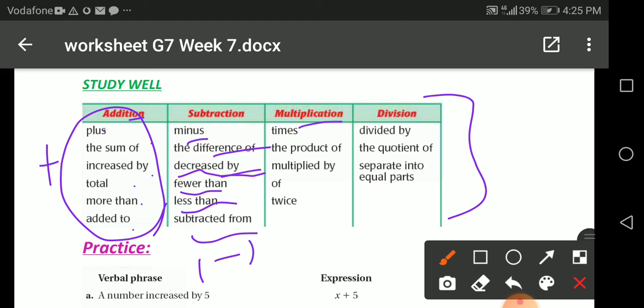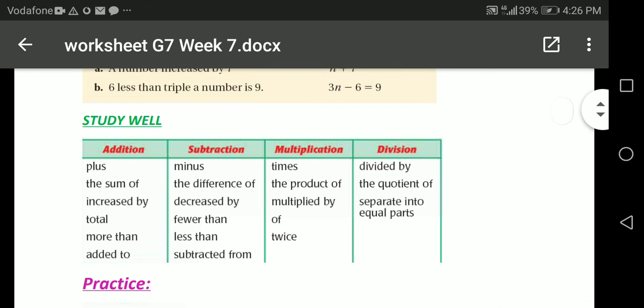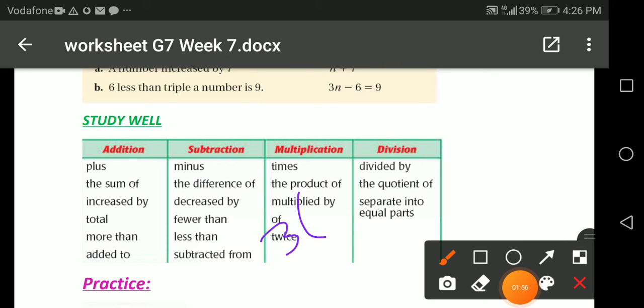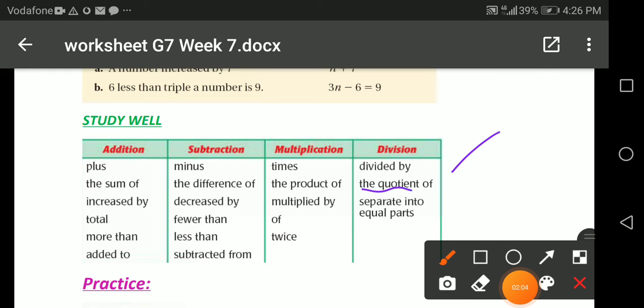Multiplication, of course: times, the product of, multiplied by, of, twice. And remember also the brackets, for example 3 and here a bracket 4. So this is multiplication. Remember that. What about the division? It's very easy. Divided by, the quotient of, separated into equal parts.